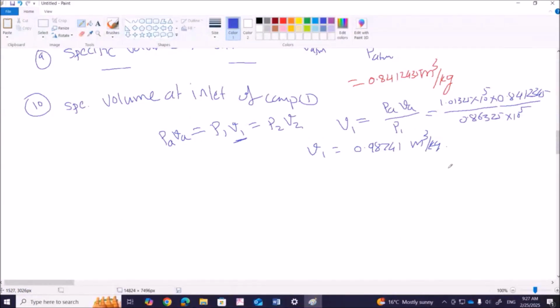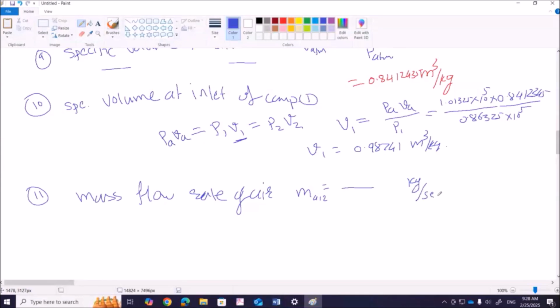Now my target is to find the mass flow rate of air. What is the formula? But what I need is in kg per second. Kg is mass, per second means rate: mass flow rate, kg per second. So I need kg.